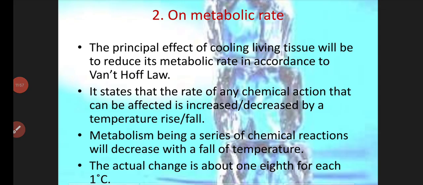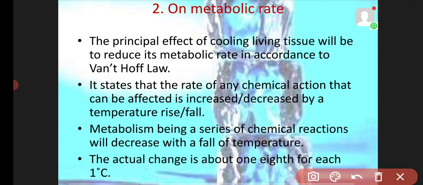The principal effect of cooling living tissue will be to reduce the metabolic rate in accordance with Van't Hoff's law. The physiological effect of cold on the metabolic rate is explained by Van't Hoff's law.